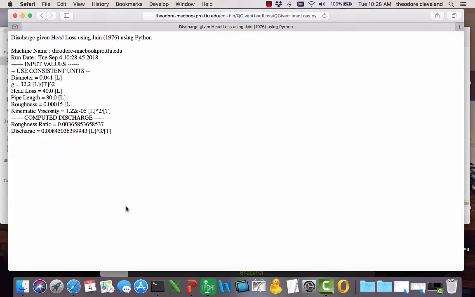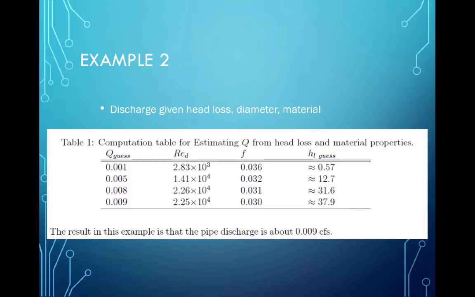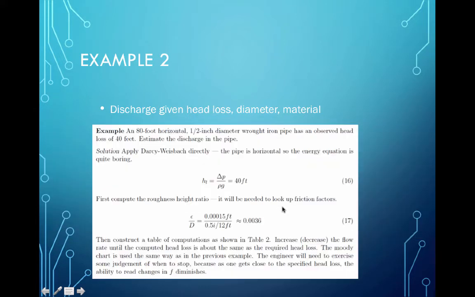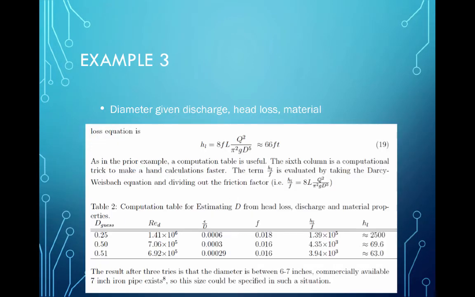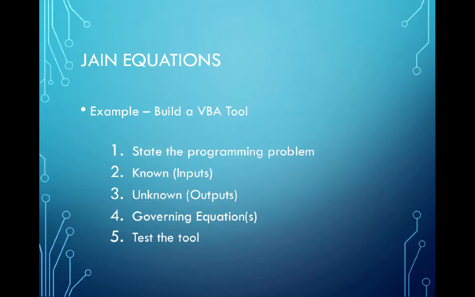And now we get a discharge of 0.0084, which is pretty much the same value as doing it by hand many moons ago. We don't know the temperature, so I don't really know what the correct value of kinematic viscosity to be used. The point is, examples 1, 2, and 3 can all be done using these equations or the online calculator.